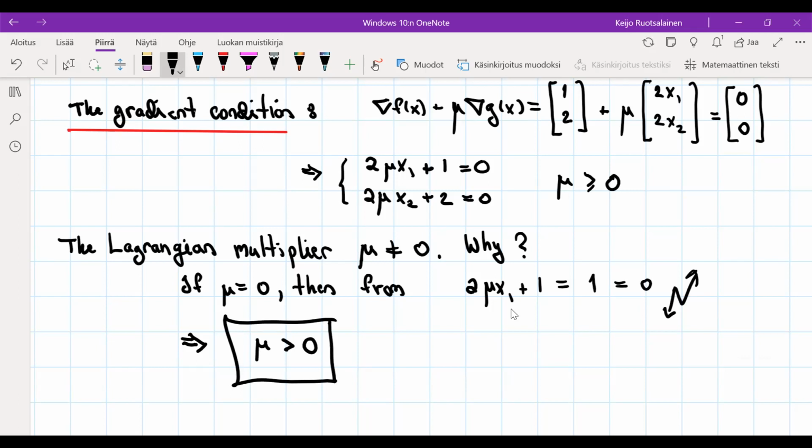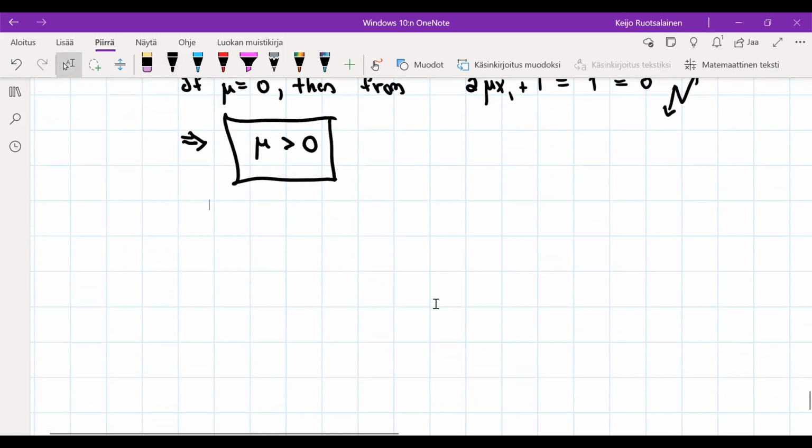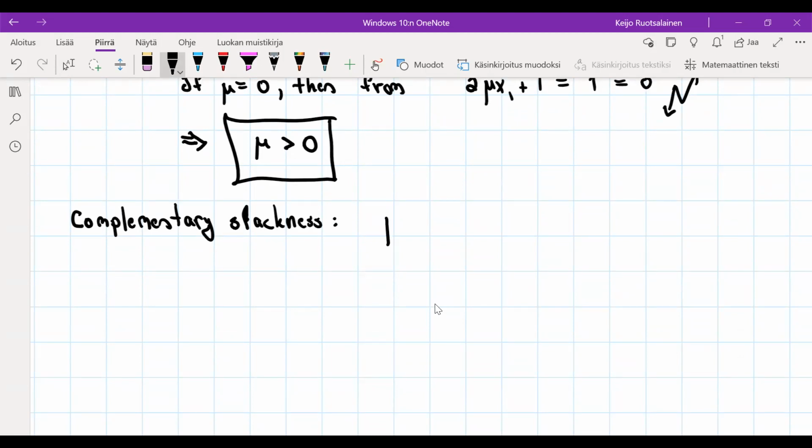Then we use the complementary slackness. So we have mu now positive.